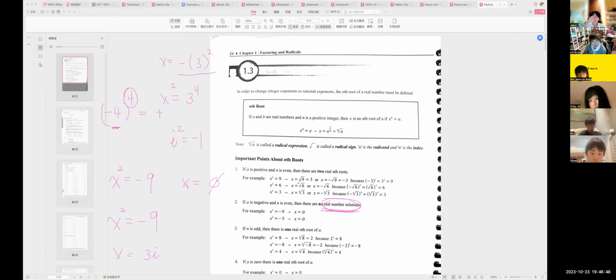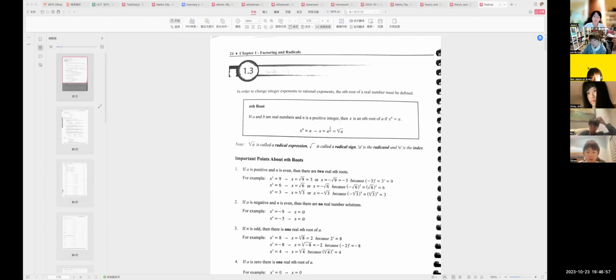But if it is i, so the i gets involved, this one actually has a solution. For your high school, you don't have to understand this one, but just as long as you want to know, i squared does equal negative 1. So if you have x squared equals negative 9, that means x equals 3i, correct? So x squared equals 9i squared, because i squared equals negative 1. So that's why this one equals negative 9.